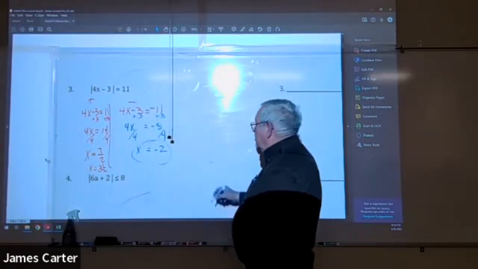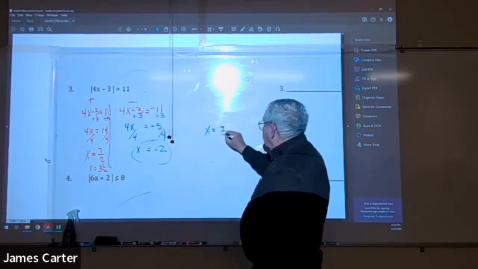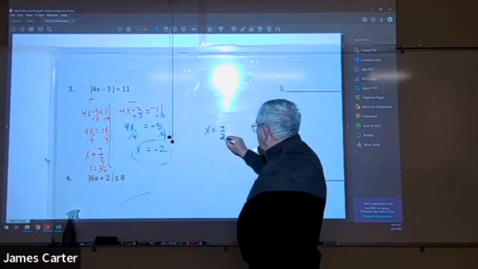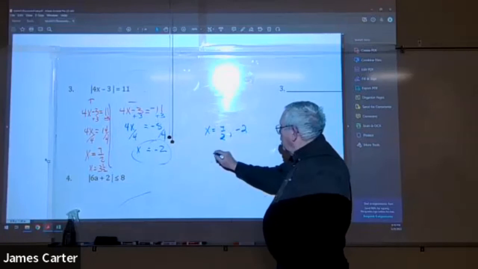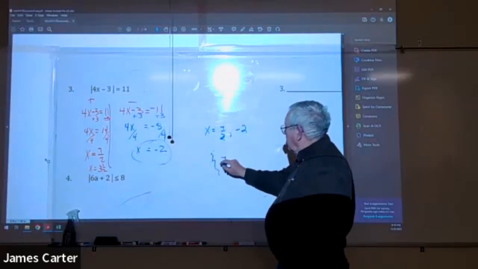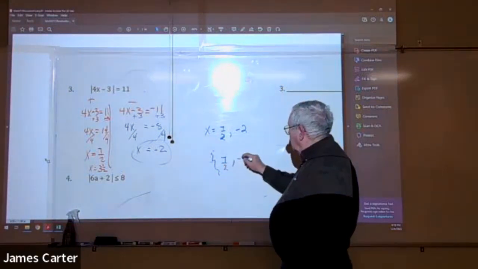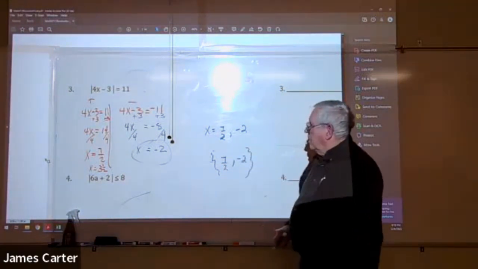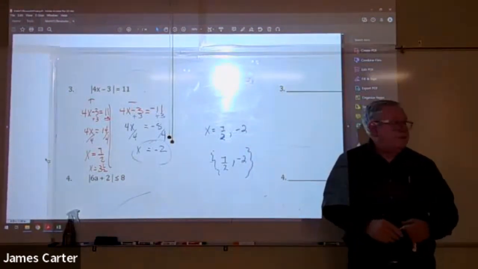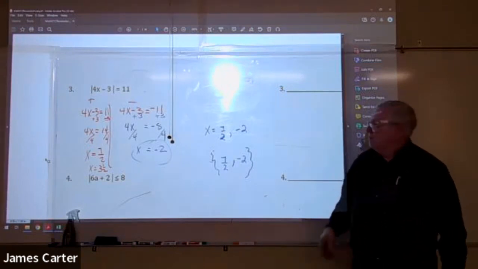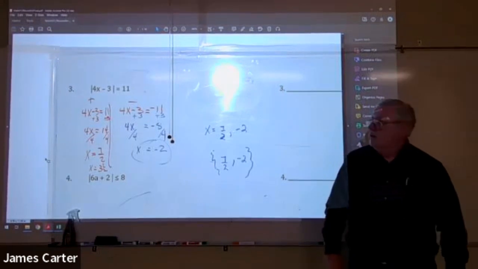Well, if they ask you what are the two solutions, you could write x equals 7/2, comma, negative 2. You could put them in braces, 7/2, negative 2, like that, and either of these two answers would be accepted. What if it doesn't have the wording, it just has the top? Like that. That would be your final answer. Okay.